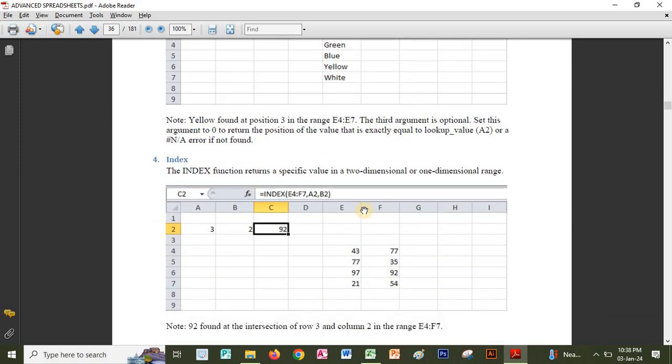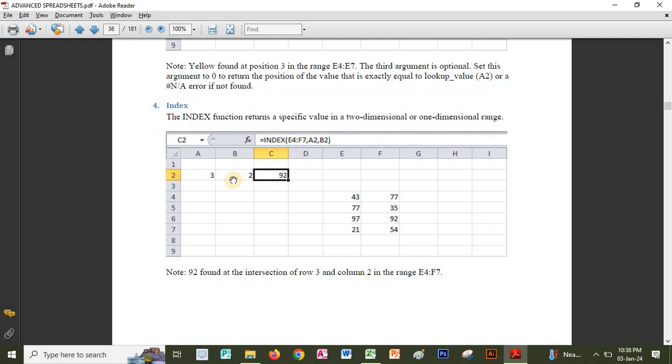So INDEX returns a specific value in a two-dimensional or one-dimensional range. So we are matching 3 and 2 here. If we are matching A1, 2 and B2 from this group A4 to F7.